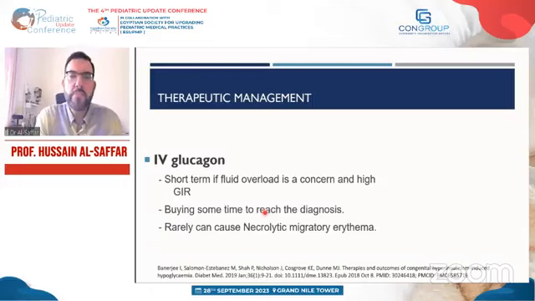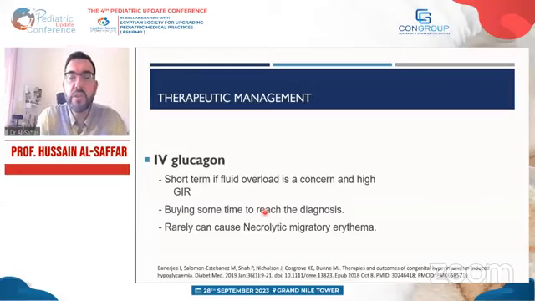To buy some time, we sometimes need to give glucagon. Unfortunately, glucagon is not a medication that we can give for a very long time because of the stability of the drug. So we use it short term until we establish a diagnosis. This is especially so if we have a problem with fluid overload in patients requiring a very high glucose infusion rate.